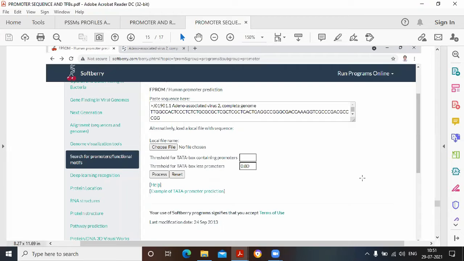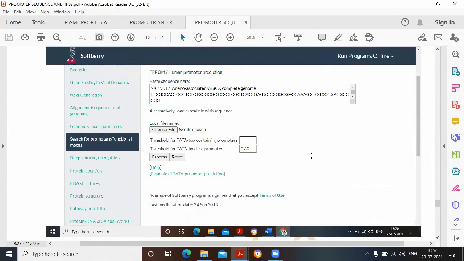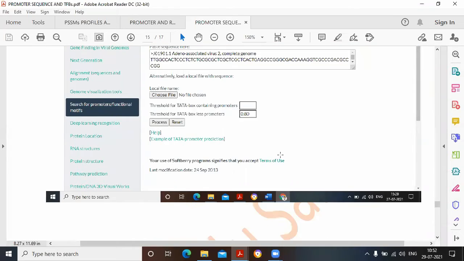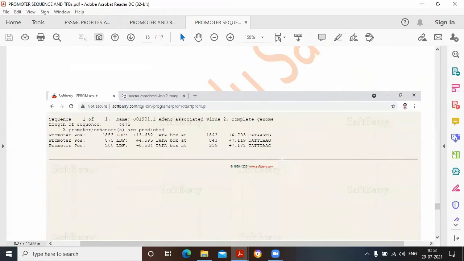So remember, use the entire genome sequence; for a lot of organisms the entire genome sequence is available. Provide those sequences in FASTA format here, and leave everything at default. If you want to check only the TATA box, click on TATA, otherwise just leave it and go for the process option.